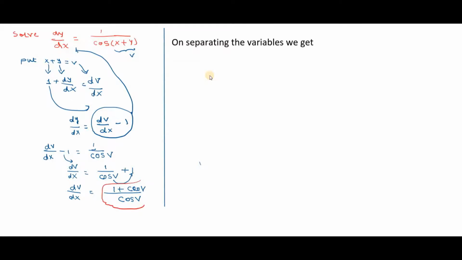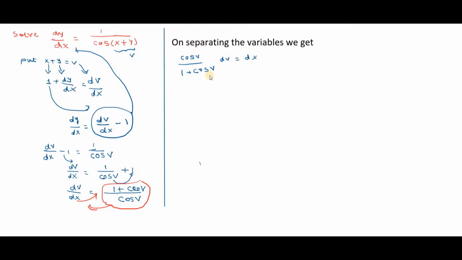So transpose this term to the left hand side and dx to the right hand side. What we get is cos v divided by 1 plus cos v into dv is equal to dx.